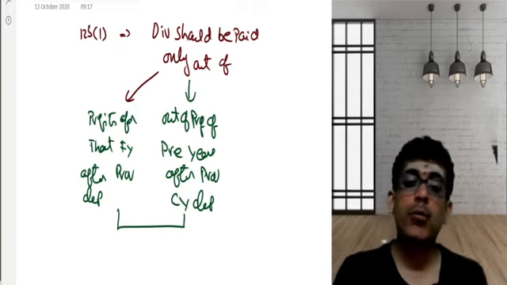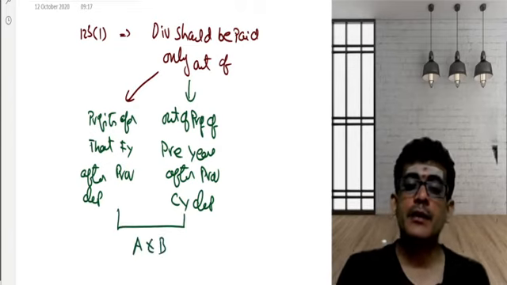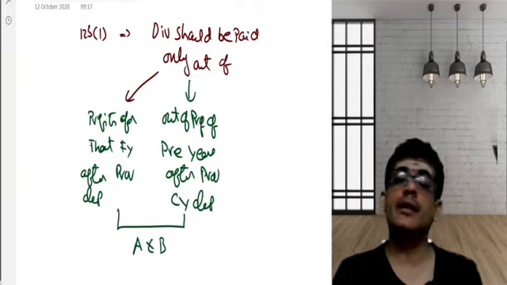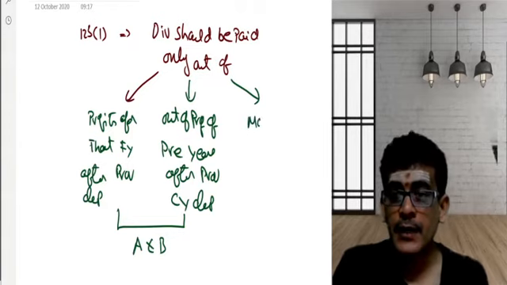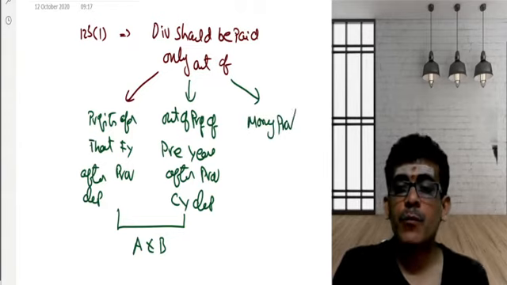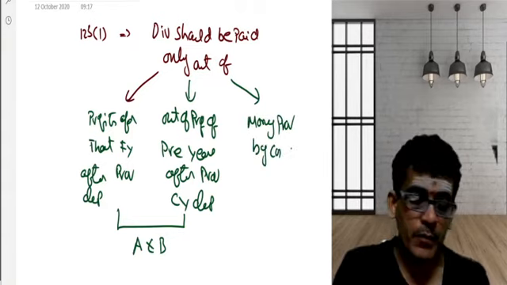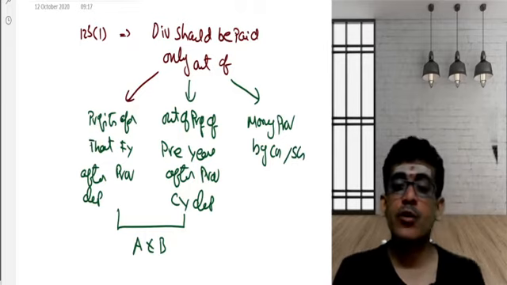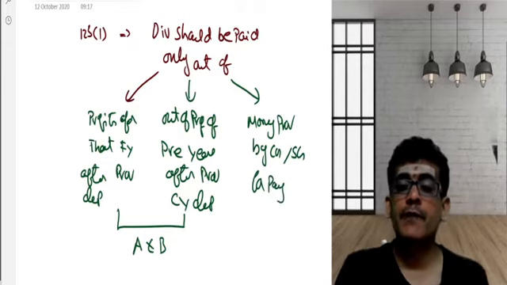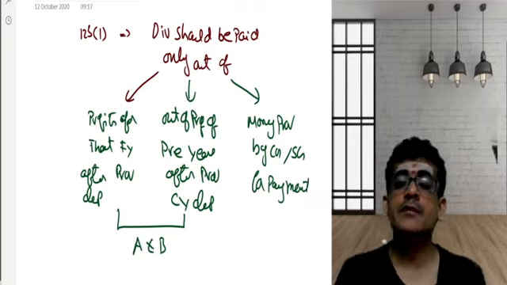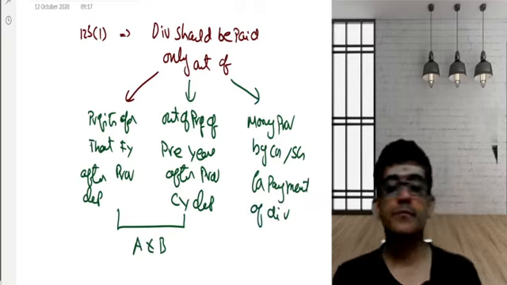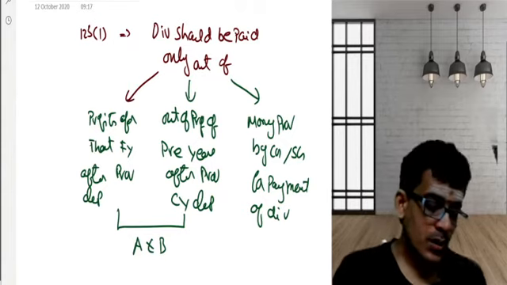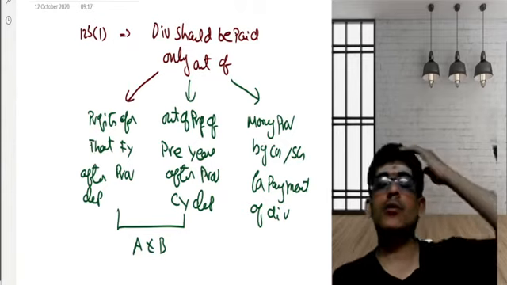Or in some cases, out of both A and B. And the last one says money provided by the central government or the state government for payment of dividend. If the central government or state government is giving you some money for payment of dividend, then you can do so. Okay, so this is in terms of guarantee given by the government.